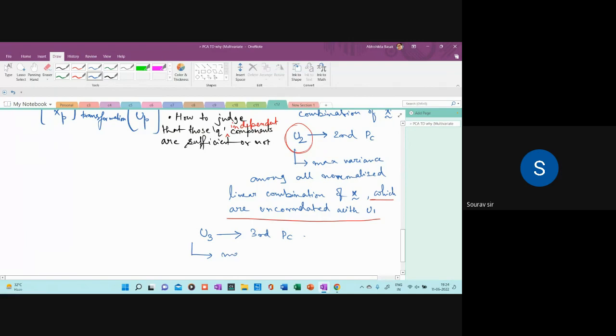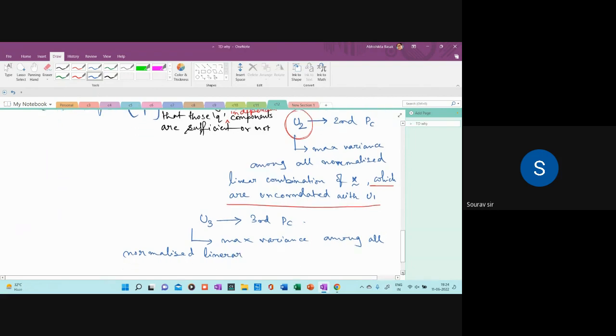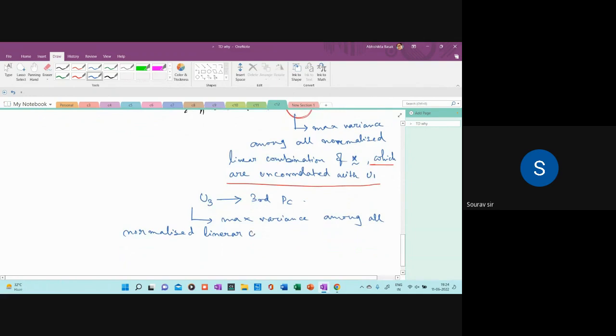It has max variance among all normalized linear combinations of x curl which are uncorrelated with u1 and u2 both.